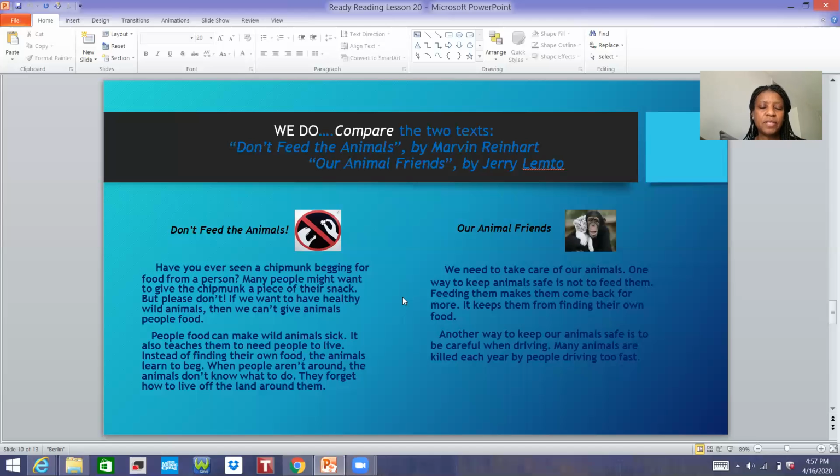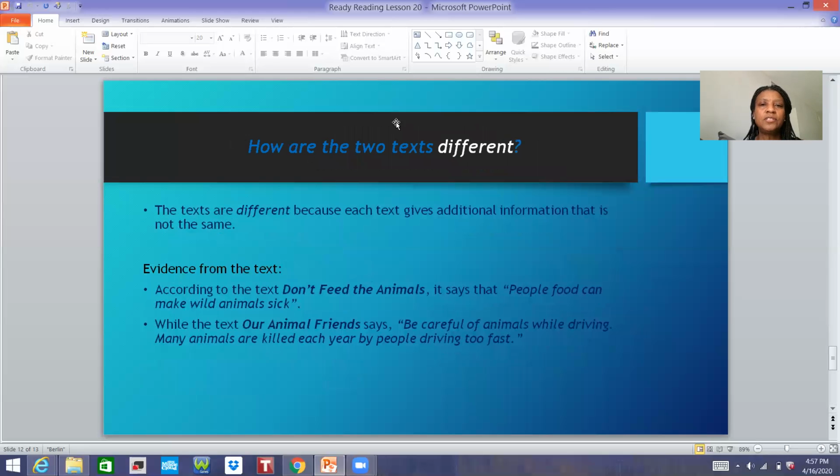Make sure you cite your evidence from the text. Okay, let's talk about how these two texts are different. What information does text 1 give that text 2 doesn't? What information does text 2 give that text 1 doesn't? How are the two texts different?